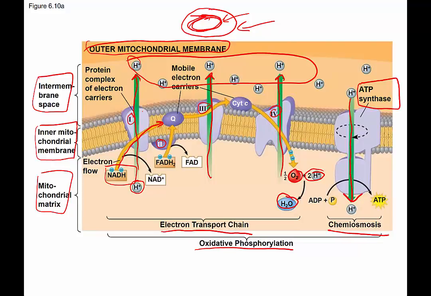As those protons flow back down their concentration gradient into the mitochondrial matrix, ATP synthase actually churns. So it literally does churn, and that sort of cranking or kinetic motion of ATP synthase actually generates the energy to convert ADP into ATP.